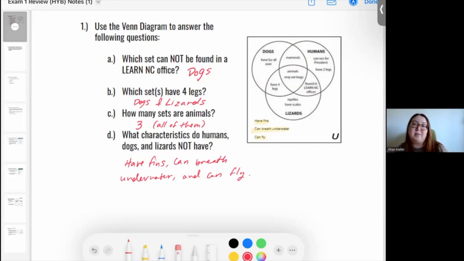You just want to list those attributes. You don't need to add any sort of negative phrasing to it. So, all right, we answered some questions based on our Venn diagram that was given to us. So that wraps up problem number 1. Let's go on to problem number 2.